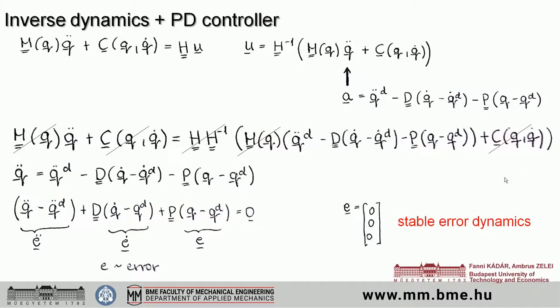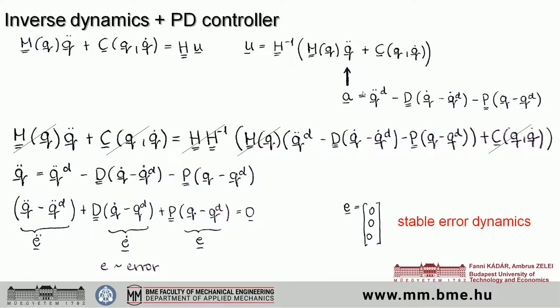So the idea of the inverse dynamics controller comes into the picture. The control input first is expressed from the equations of motion. So here on the left hand side there are the equations of motion, and on the right hand side the control input is expressed, and the acceleration term here is incorporating the desired acceleration and the PD feedback terms as well.